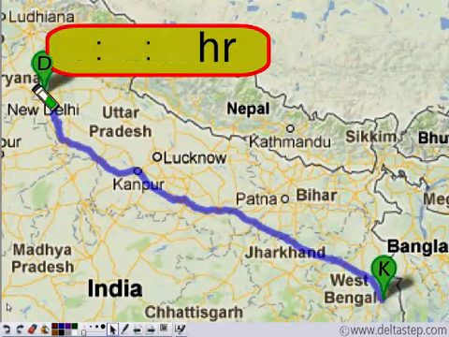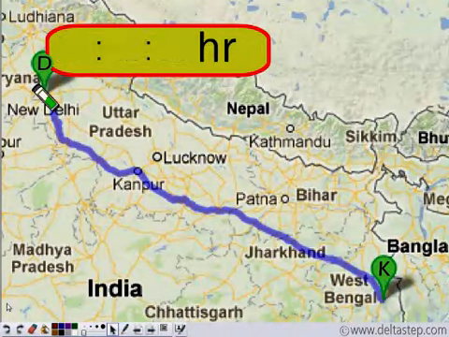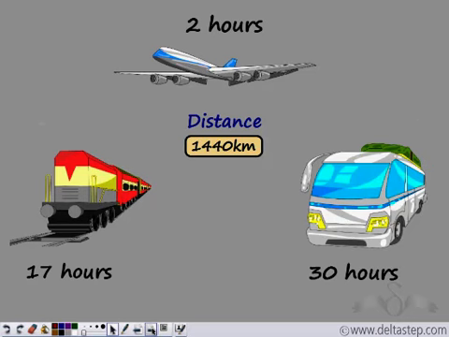So we see that the bus had taken 30 hours. So we conclude that to cover the same distance of 1440 kilometers, plane takes 2 hours, train takes 17 hours, and bus takes 30 hours.